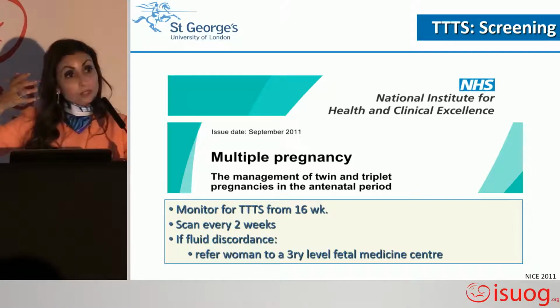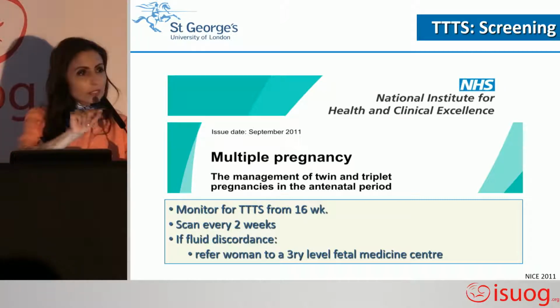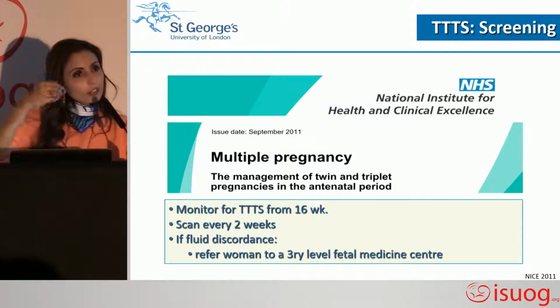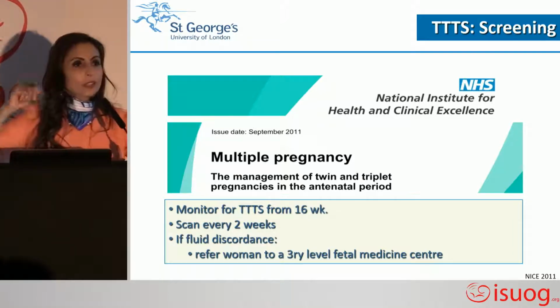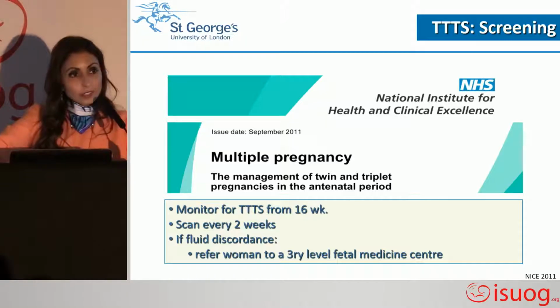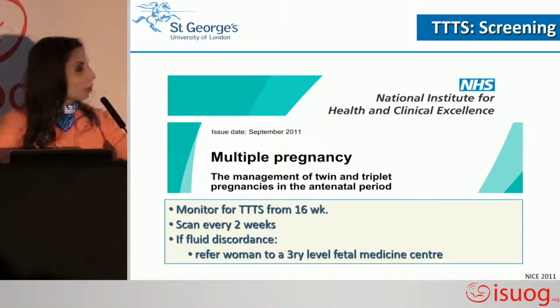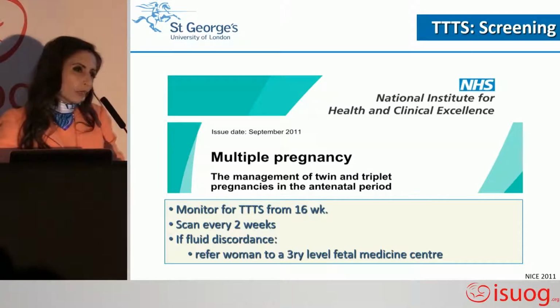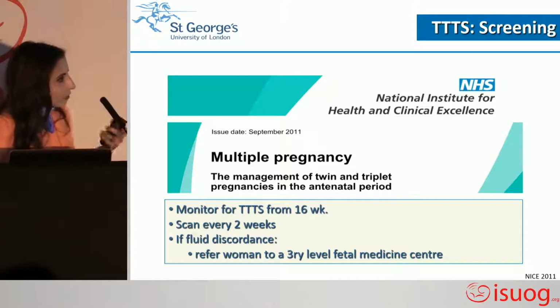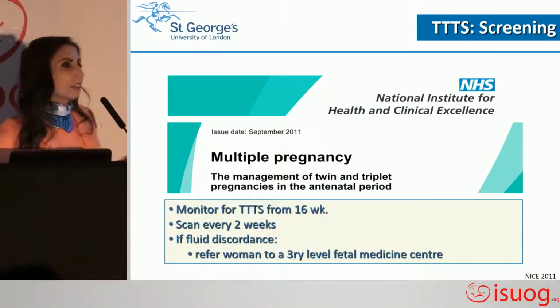Screening is, for example, the nuchal translucency discordance, as a marker to screen or to predict the occurrence of TTTS later in pregnancy. And therefore, what we're doing is monitoring for TTTS, we're not screening. So when I said screening yesterday, I don't think it was precise, but among clinicians, we understand what we mean by that.